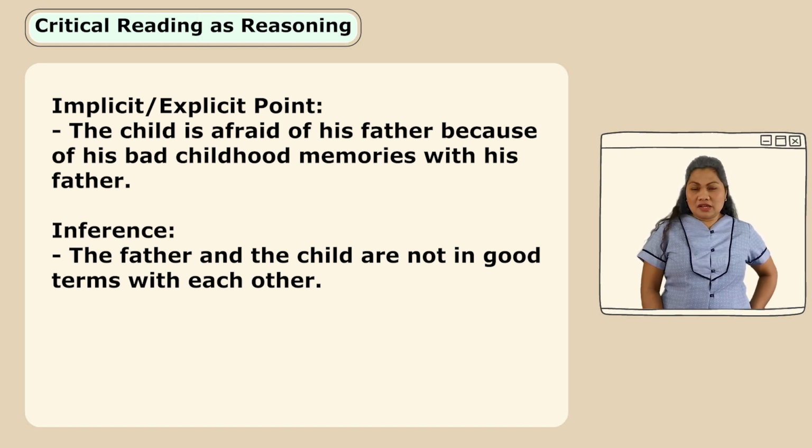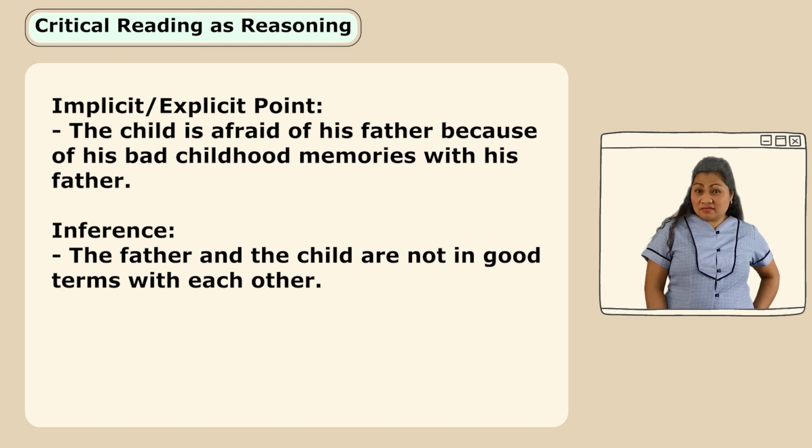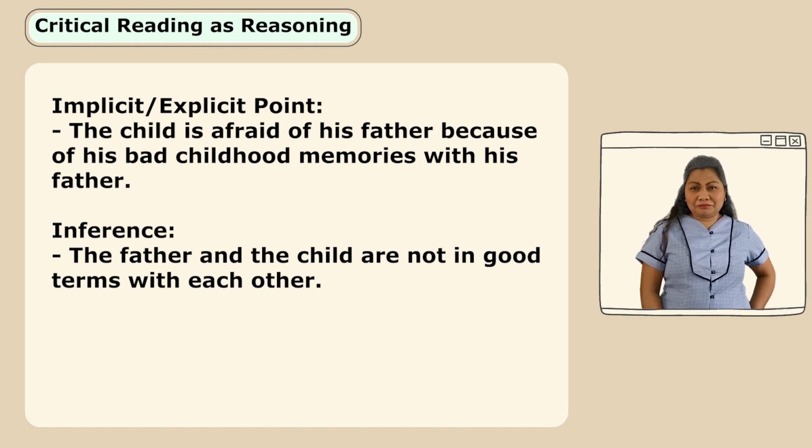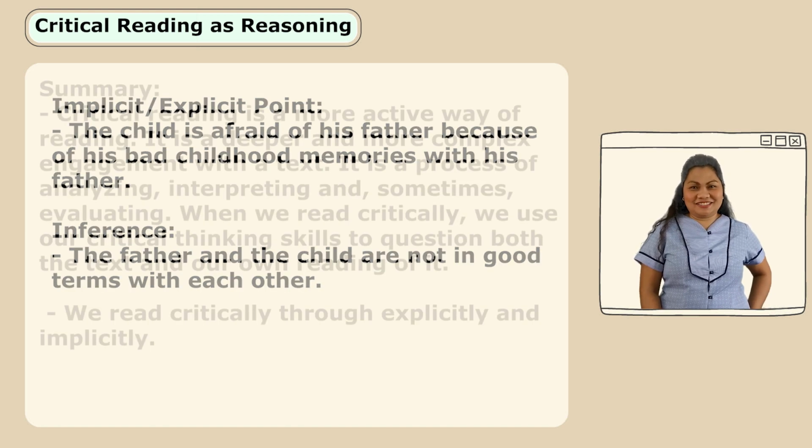You can conclude that the child and the father have a bad relationship, or are not on good terms. Yes, that's correct. Very good for trying hard in our activity today.